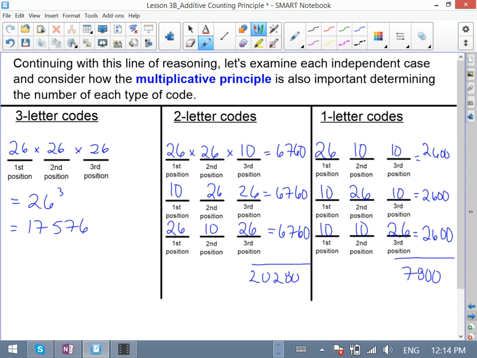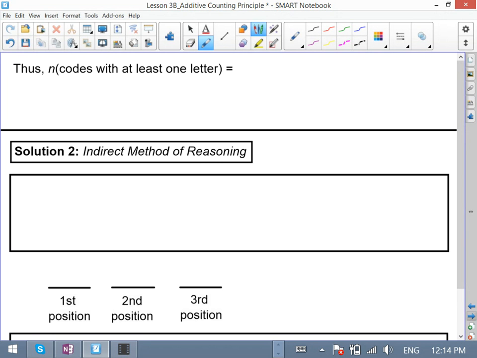So altogether, now that we've applied the multiplicative principle, we'll utilize the additive principle, which is where the video began, and we'll simply find the sum of the different types of codes. 17,576.